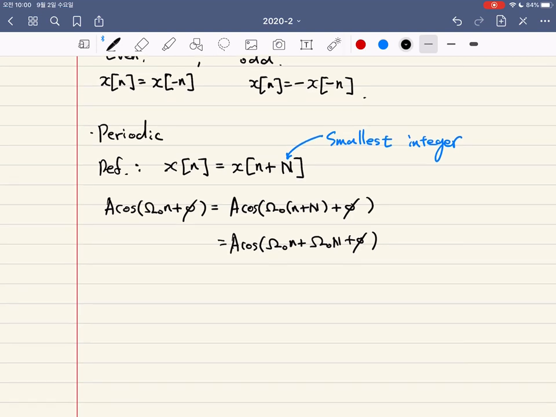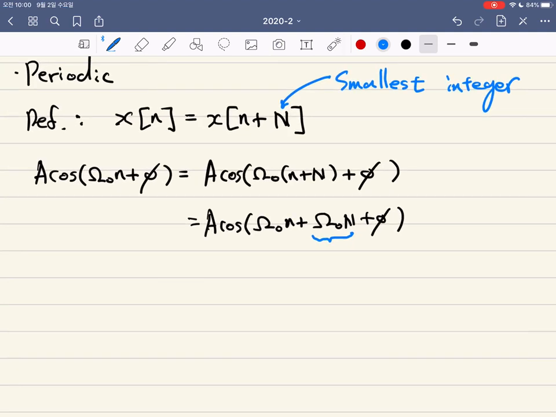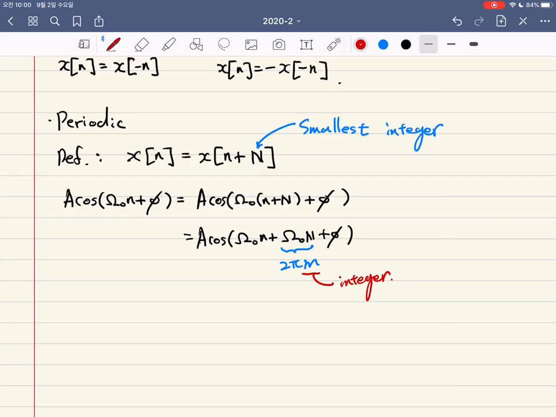And as you already know, the left-hand side and the right-hand side are equivalent only if this part right here equals 2 pi times m, where m is another integer.